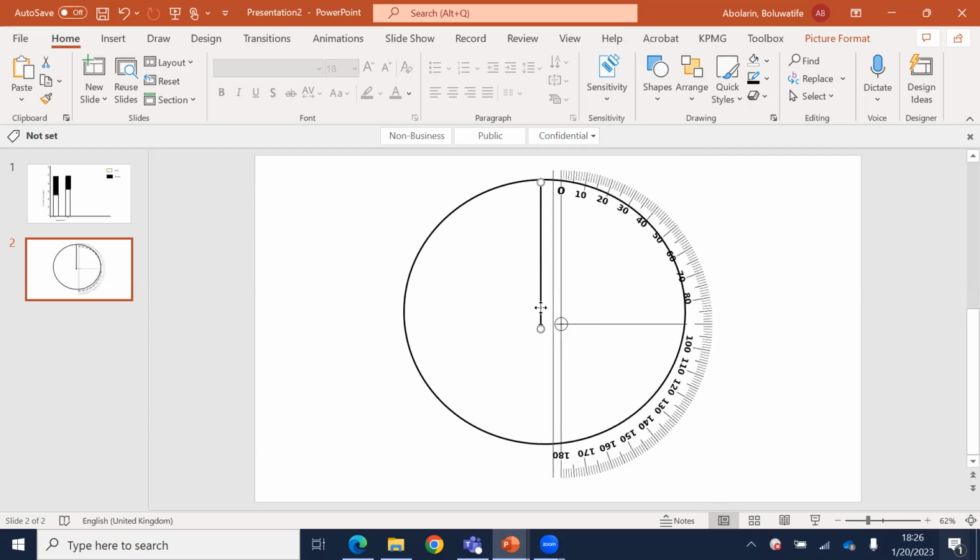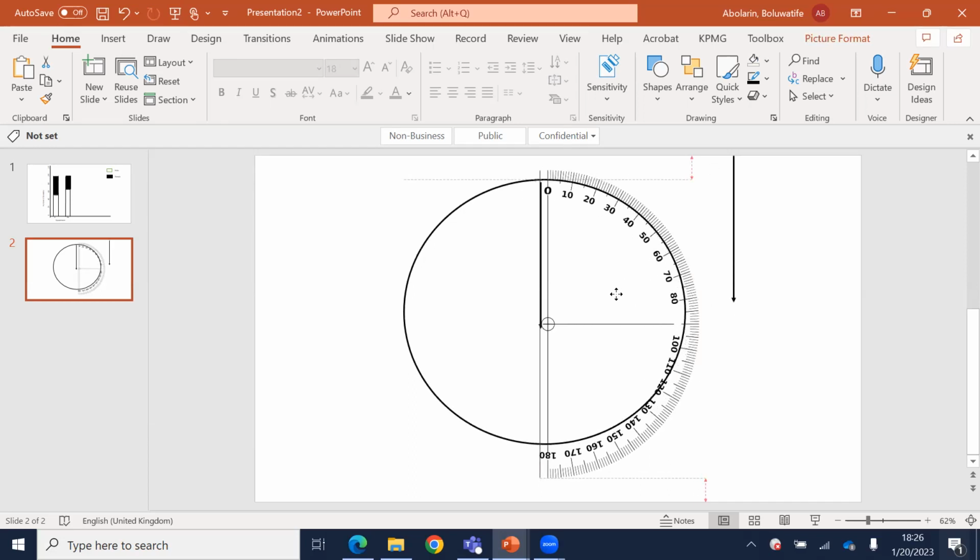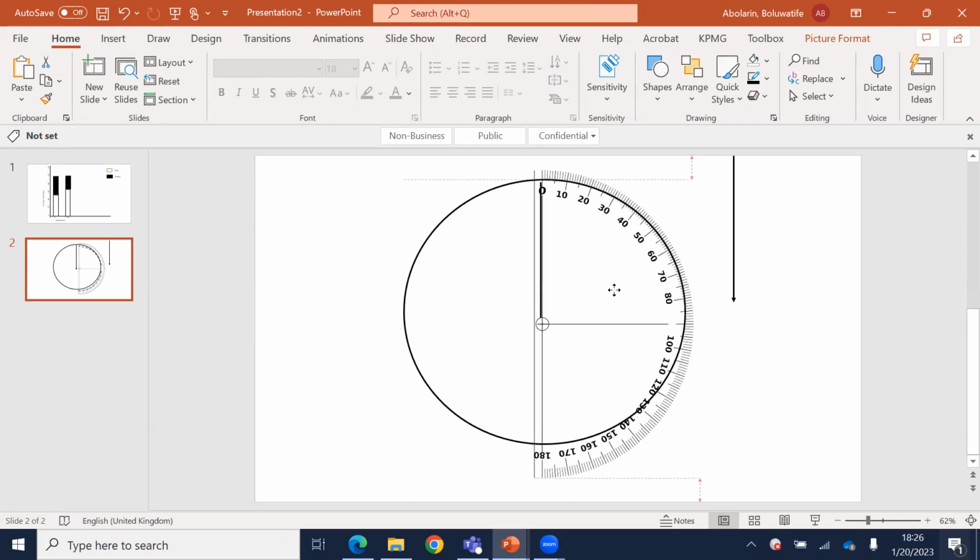You know what? Let me create another. Place it again. Look for where 108 is. Where is 108? 108 is here. I can see this middle is what?